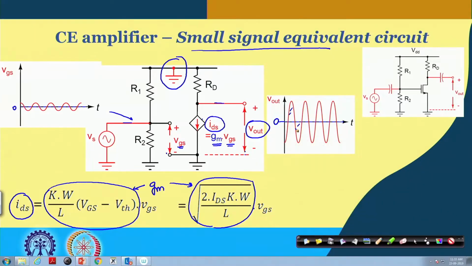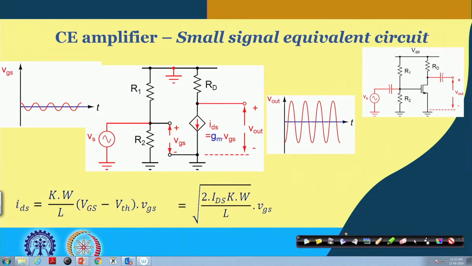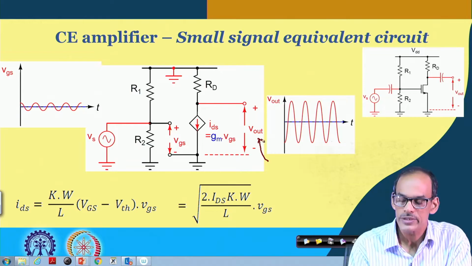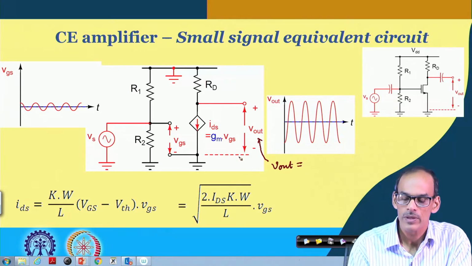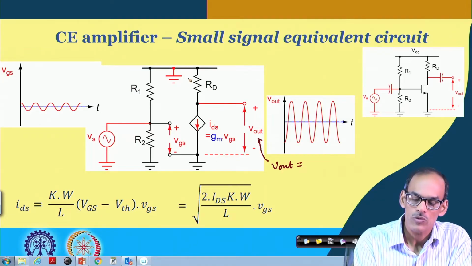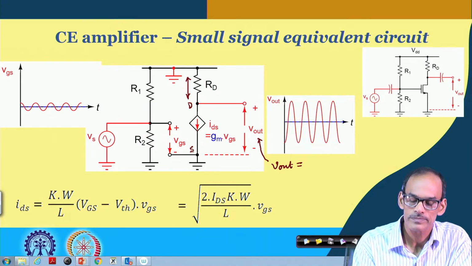And if you see this circuit and try to analyze this circuit quickly, let me write the expression of this Vout. It is Vout equals to, whatever the drop across this resistance you are getting, the current is flowing from drain to source.